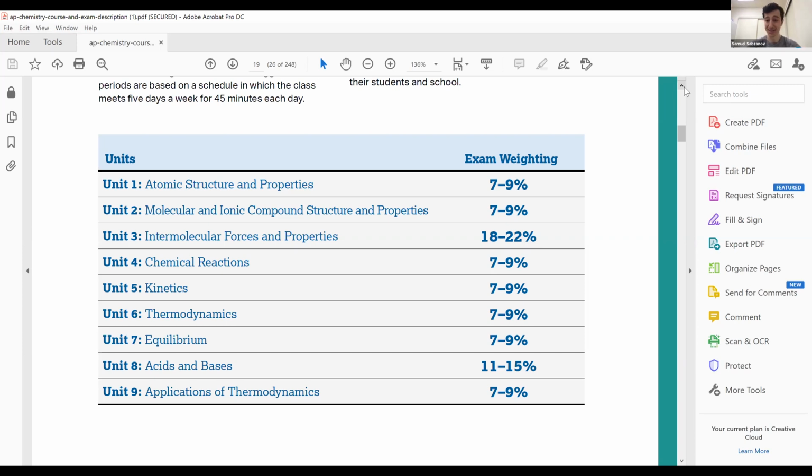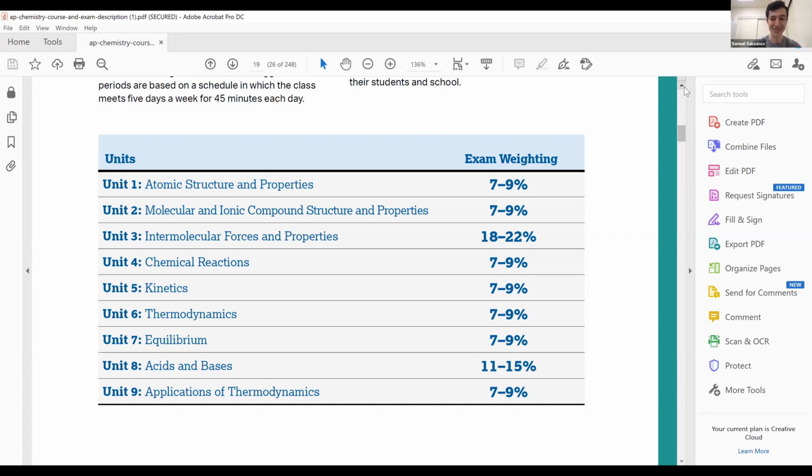The definition of an acid is a compound that's likely to give up a hydrogen ion, and the definition of a base is the opposite: a compound that wants to accept the hydrogen ion. Again, that's all based on molecular structure that we're going to get through throughout the course as well.